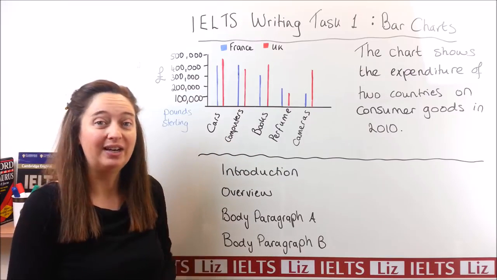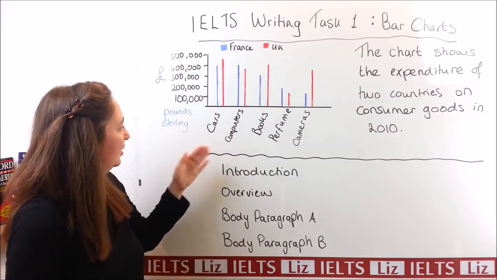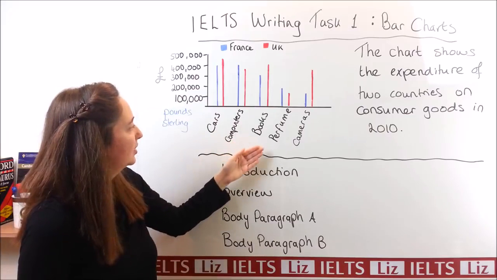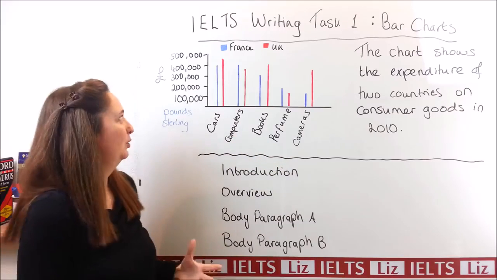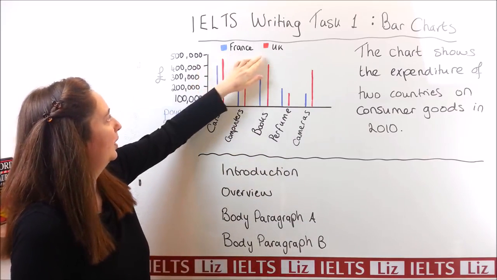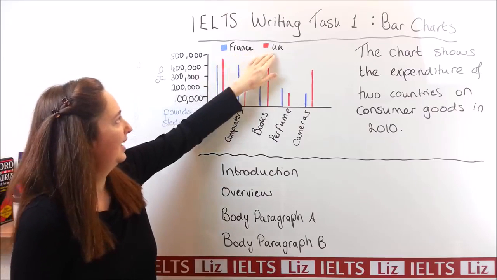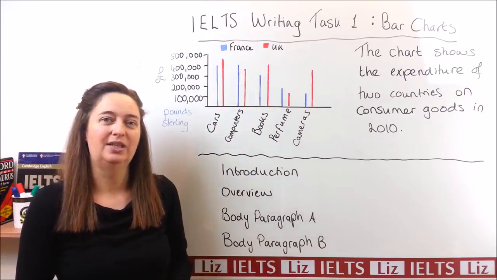So we've got 5 different types of consumer goods. We have cars, computers, books, perfume and cameras. And if we look further, we can see that the 2 countries, we've got one in blue and one in red, we've got France and the UK. So that is our bar chart for this lesson.